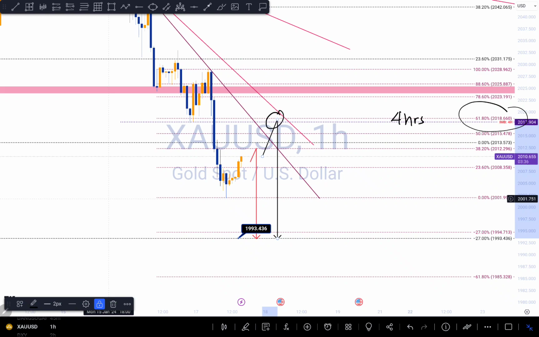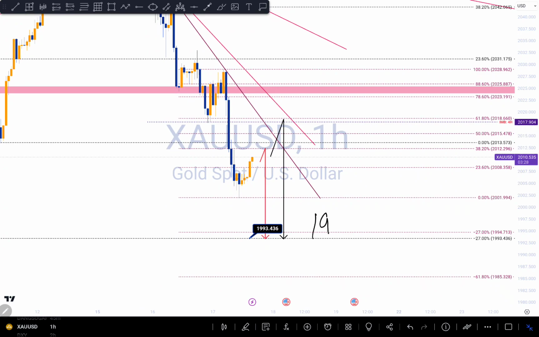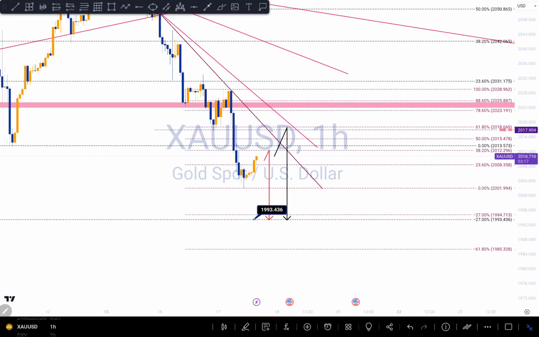So that would be my second interest if we don't react around this area to my second TP, which is 1993.436. That is where my TP is currently on gold, guys. So that is what I am seeing on gold, guys.